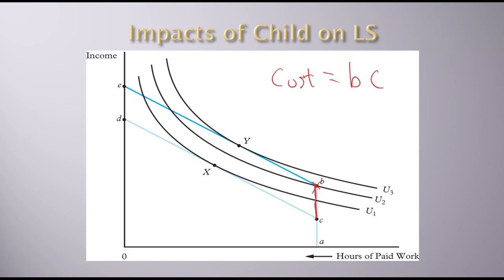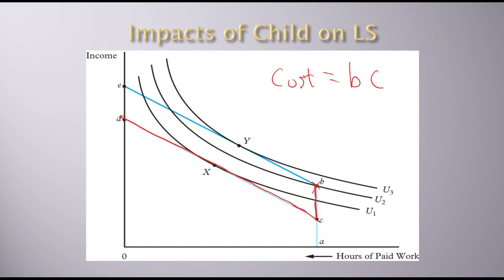If they decide to work even an hour, they're going to have to pay that amount BC. So what happens is that an individual's labor supply curve with child care costs becomes B, C, D.